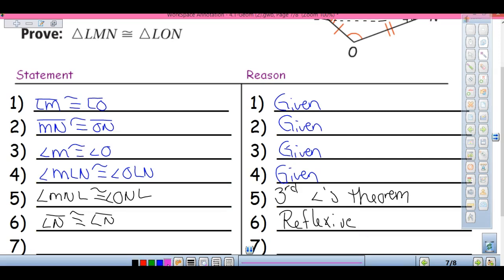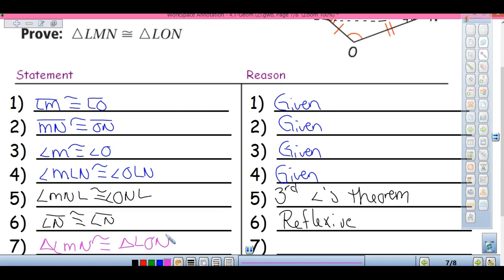Okay, my last step is always, what am I trying to prove? So triangle LMN is congruent to triangle LON. Why are they congruent? No, it has nothing to do with transitive. Do we have all three angles?